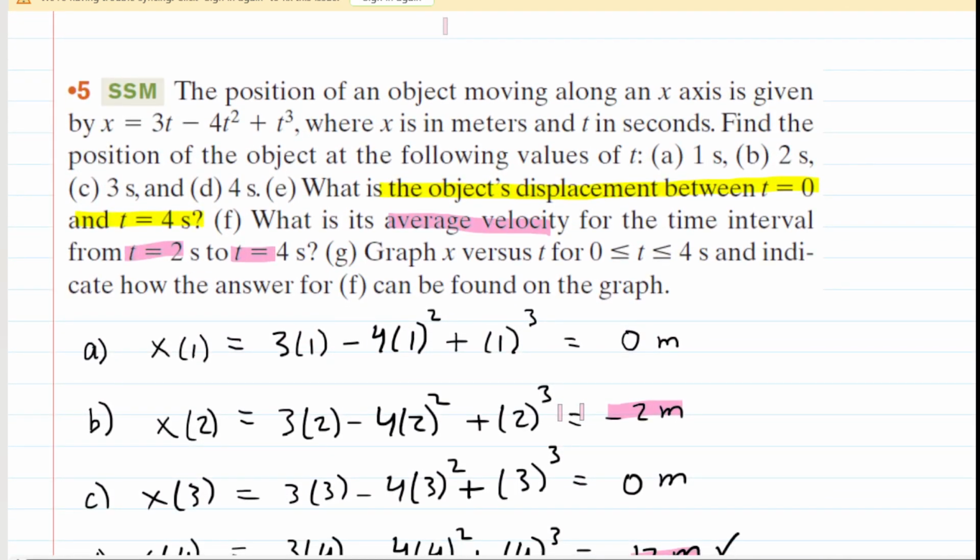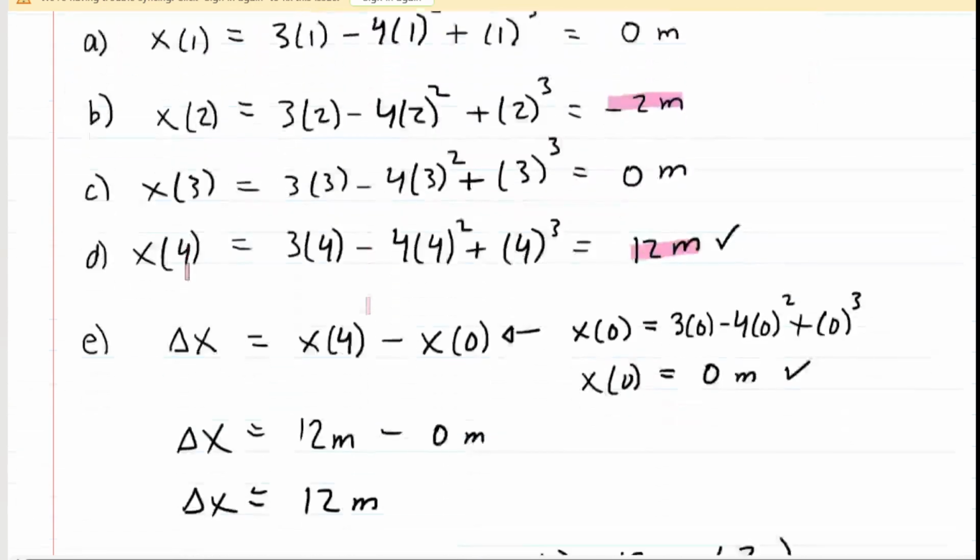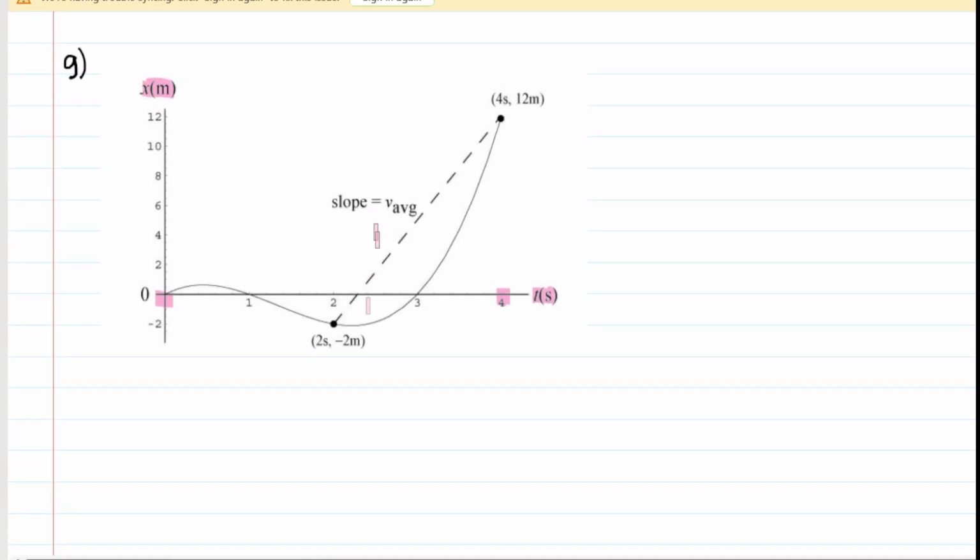It says, indicate how the answer for part F can be found on the graph. Well, recall in part F that we were looking for the average velocity from 2 to 4 seconds. So if we look at the position at 2 seconds, let's label these very carefully. So here's the position right there, that black dot at 2 seconds.